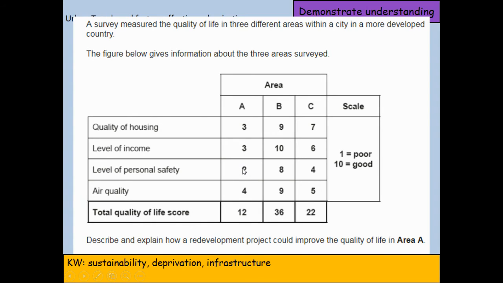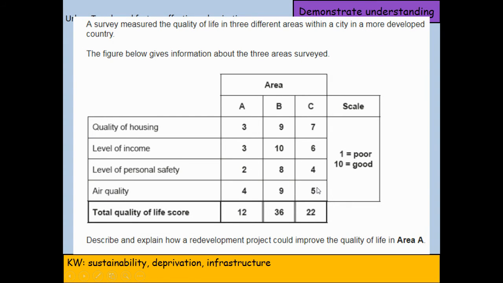There might be high crime or muggings in area A. Area B has very high, and Area C is kind of okay. And the air quality. Area A has a very low air quality, so it might be quite polluted, dirty. Area B has 9, so it might be on the outskirts where the air is cleaner, and C is in the middle.